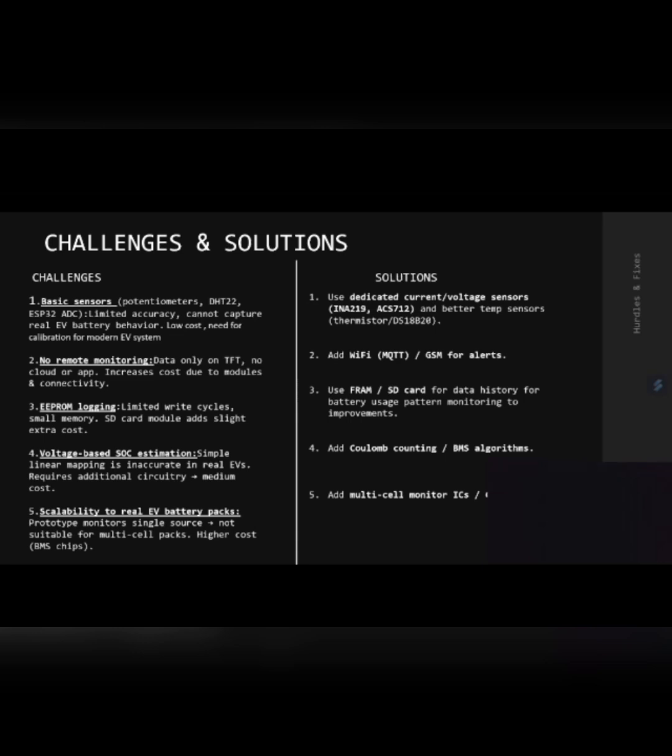And if we use GSM for alerts, or MQTT over Wi-Fi to connect it with a cloud app, and use FRAM or SD card for data history, we get better usage pattern and monitoring. We can also add Coulomb counting or a BMS algorithm, and multi-cell monitor ICs can be used.